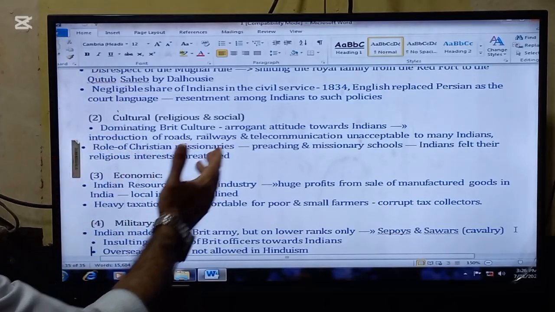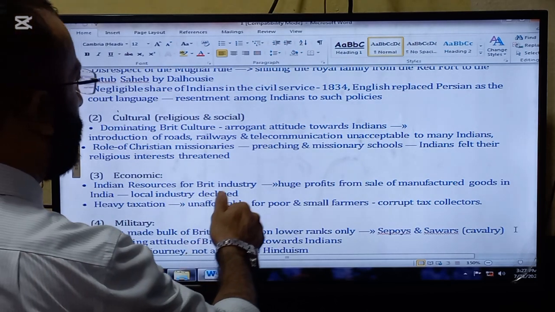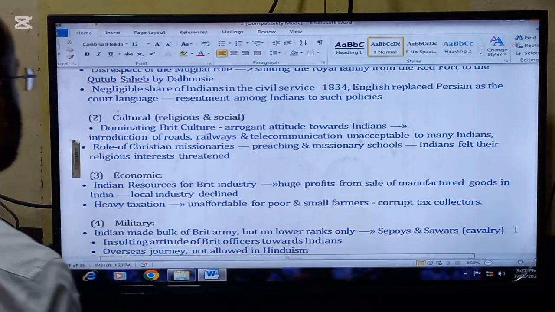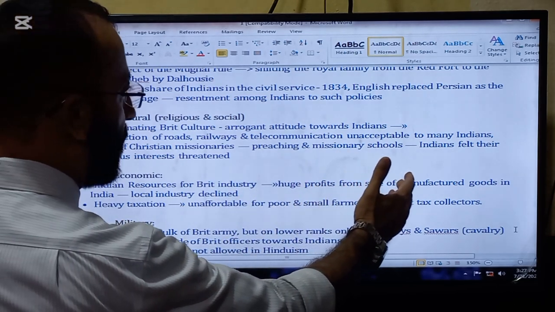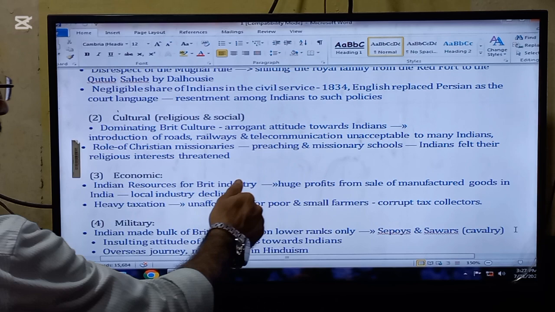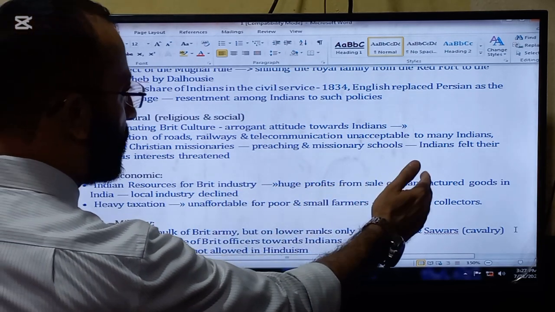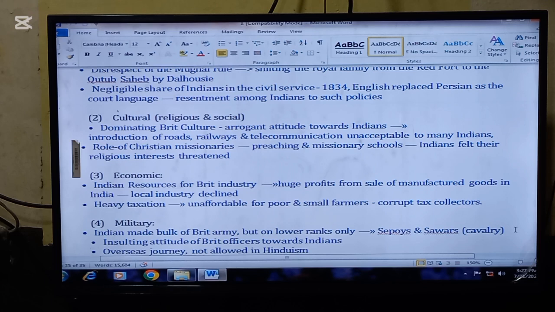Here are the cultural, religious, and social reasons. Dominating British culture, arrogant attitude towards Indians, introduction of roads, railways, and telecommunication unacceptable to many Indians, the role of Christian missionaries, preaching and missionary schools. Indians felt their religious interest threatened.